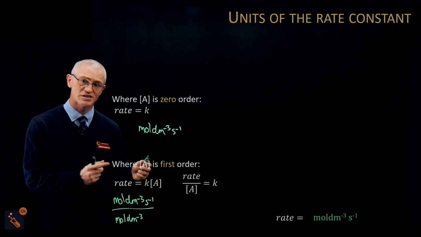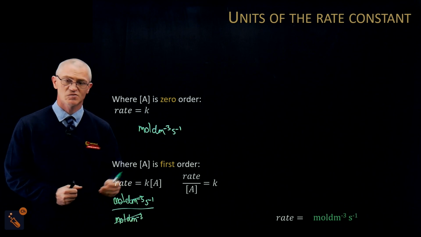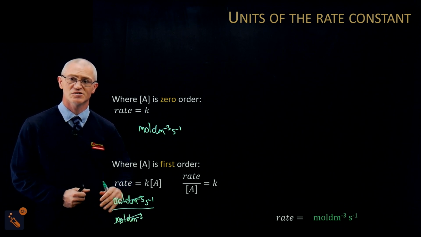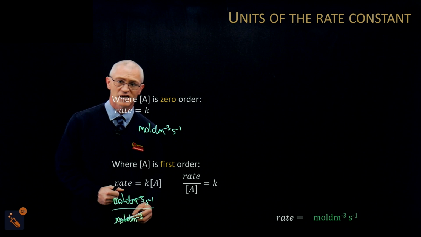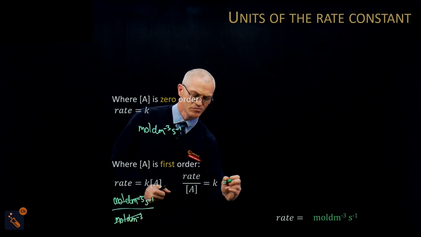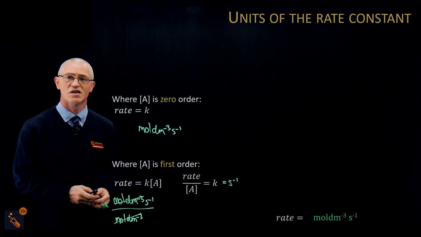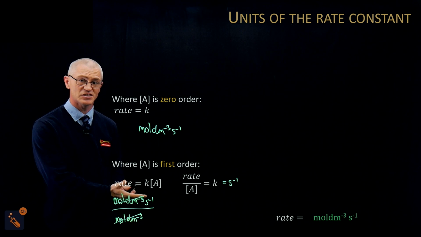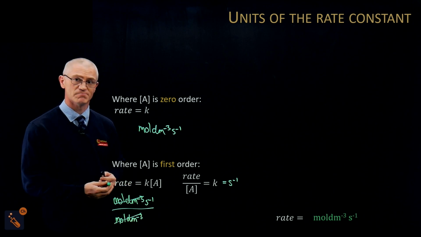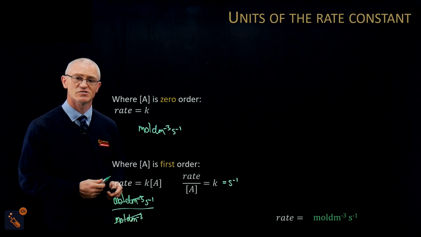All we do is cancel out the moles per decimeter cubed because it is in both the numerator and the denominator. That means the units of K are going to be s^-1. That is for this kind of rate equation. We will go over more complex types when we go through exam style questions.